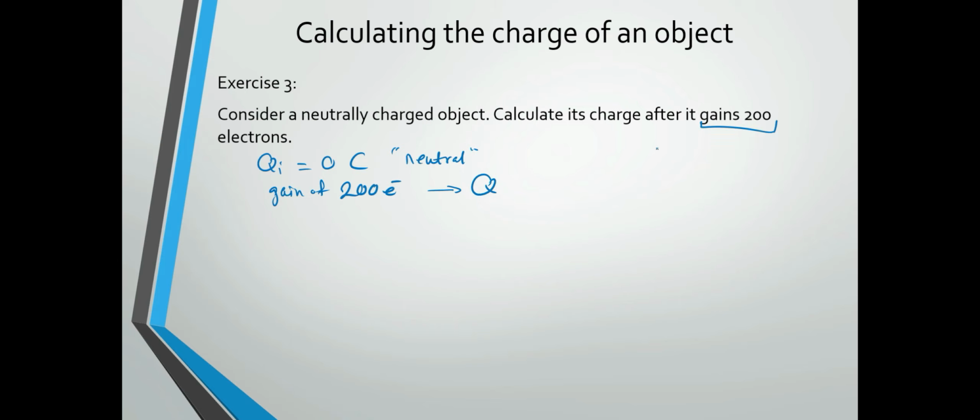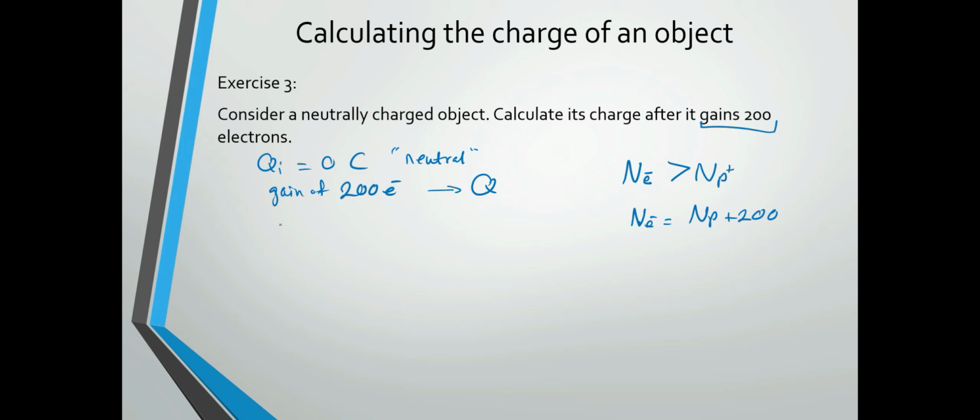Initially it was neutral and then it gains 200 electrons. It indicates that the number of electrons is greater than the number of protons. Or I can say, when it was neutral, the number of electrons and the number of protons were equal. So now, after gaining 200 electrons, the number of electrons is equal to the number of protons plus 200.